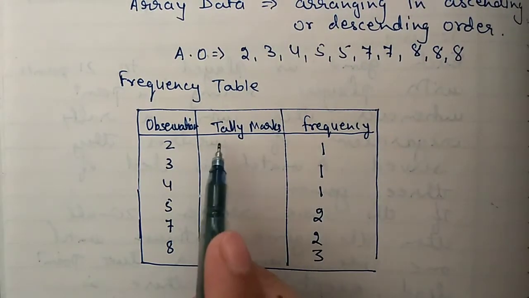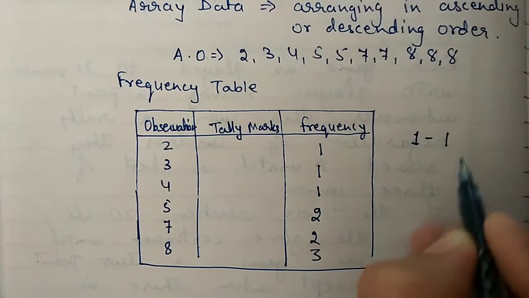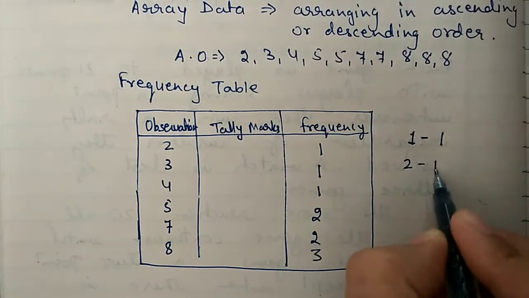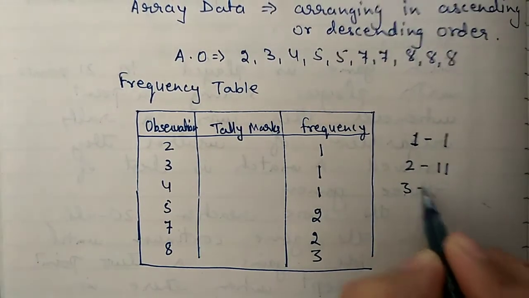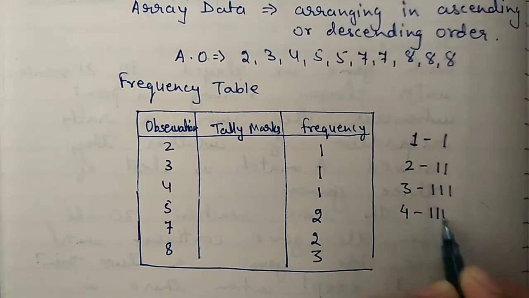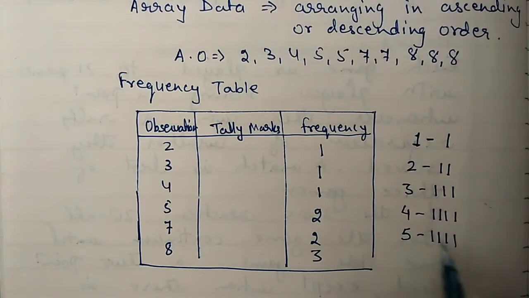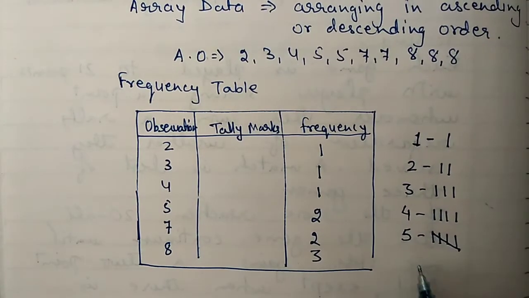And how to represent by tally mark? By tally mark, 1 we represent like 1 standing line, and 2 means 2 standing lines, 3 standing lines, 4 standing lines. For 5 we have to draw 4 lines and then 1 cross. This is 5.